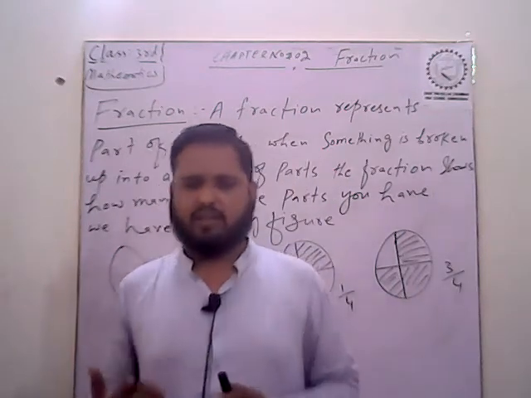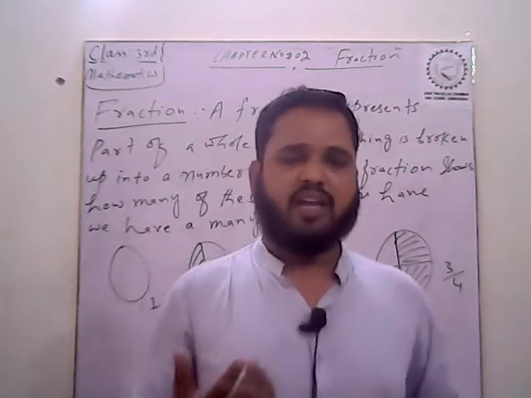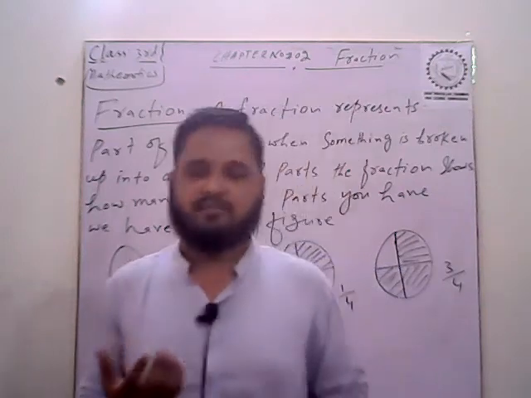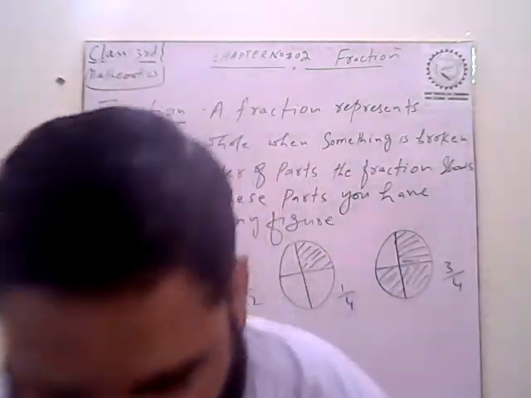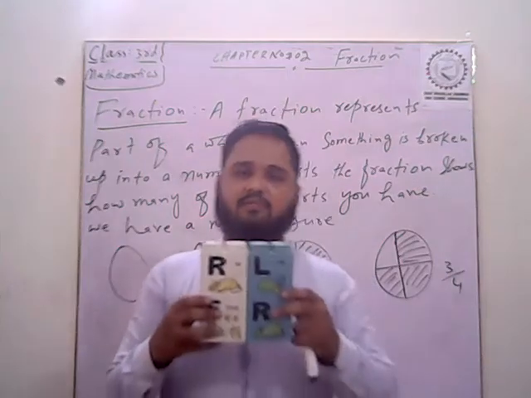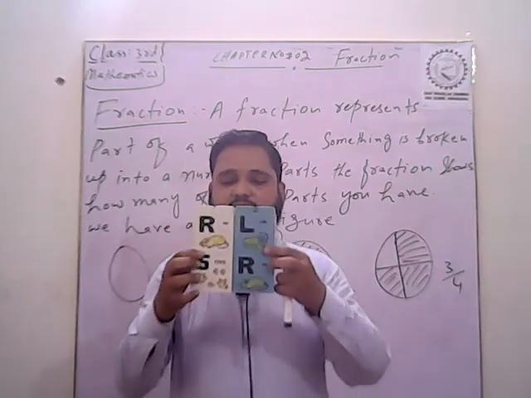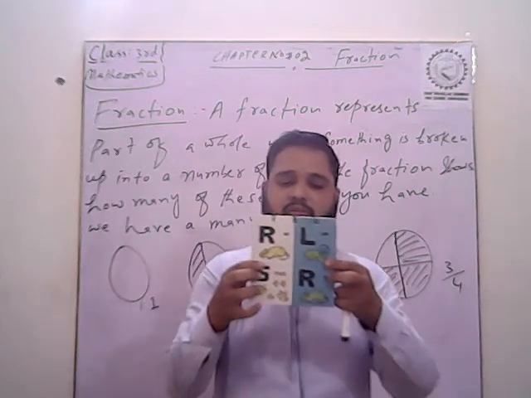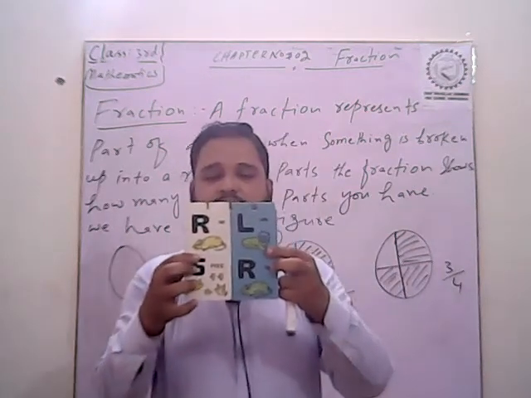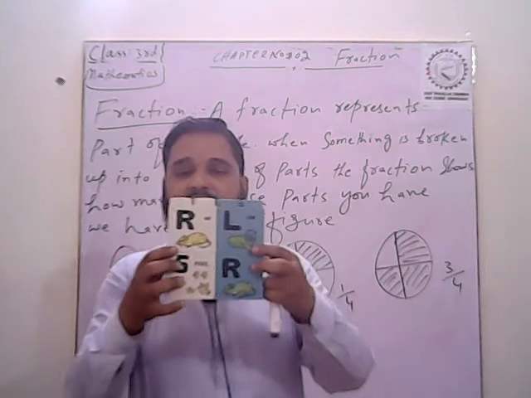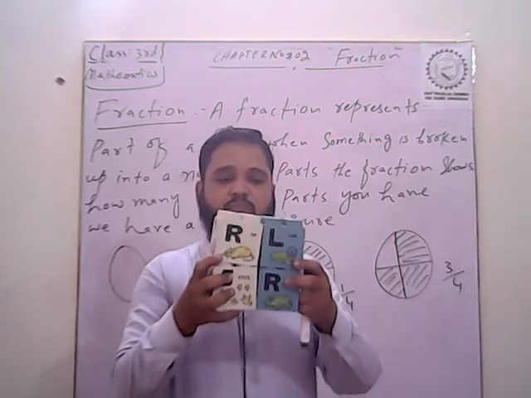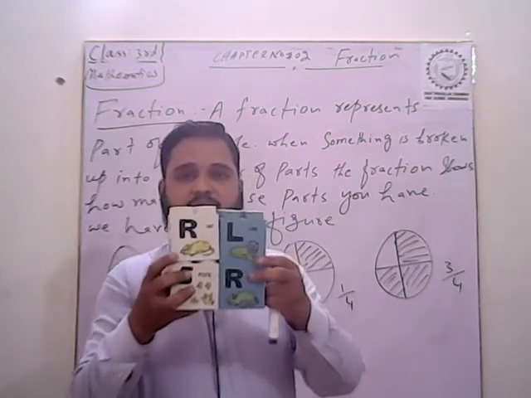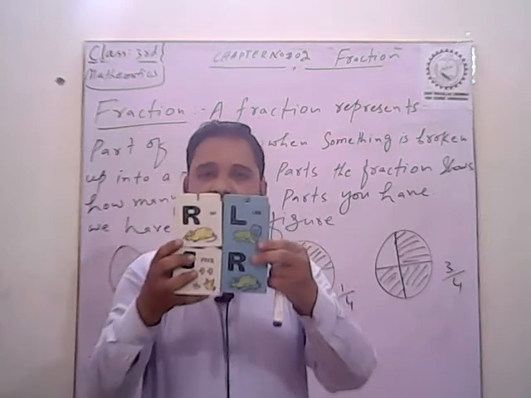Now another example, I have a figure. For example, you can see, student, there is a square. Okay. Now one figure, but there are 4 parts. 1 part, 2 parts, 3 parts, 4 parts.